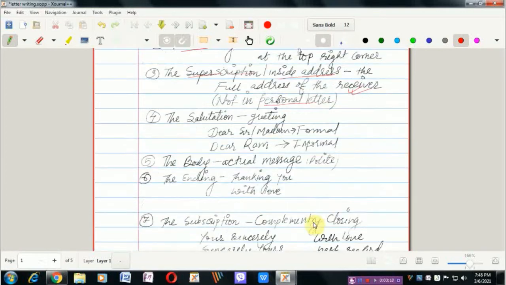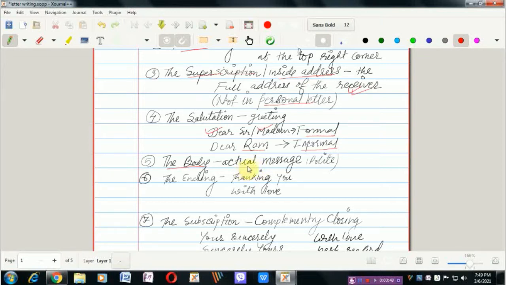After that there comes the salutation or greeting. It's like dear sir, dear madam in a formal letter, and dear Ram, dear Sam, etc. in an informal letter. Then there comes the actual message, which is the body of the letter. We can divide our body into 2 or 3 paragraphs, and the body differs according to the type of letter.